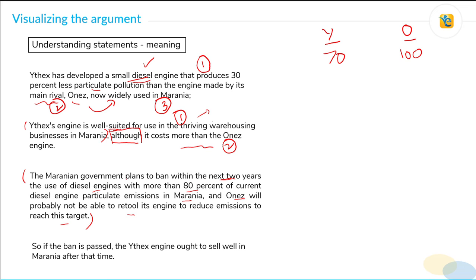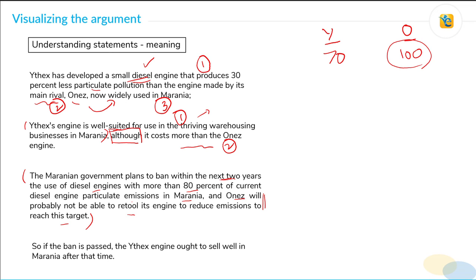But the Maranian government plans to ban, within the next 2 years, all engines which cause a pollution of more than 80% of the current emissions, and we are being told that Onsus will not be able to retool its engine. The inference here is that the current Onsus engine will not be able to meet the new criteria.